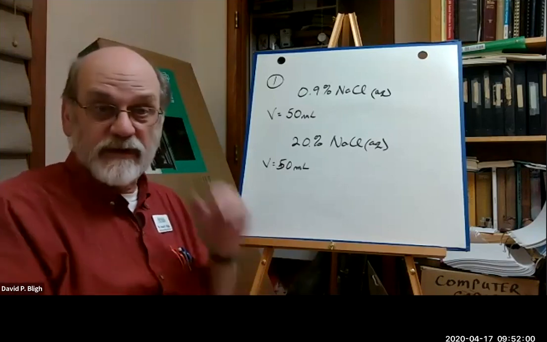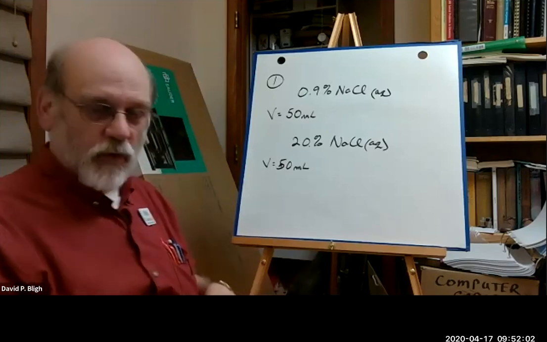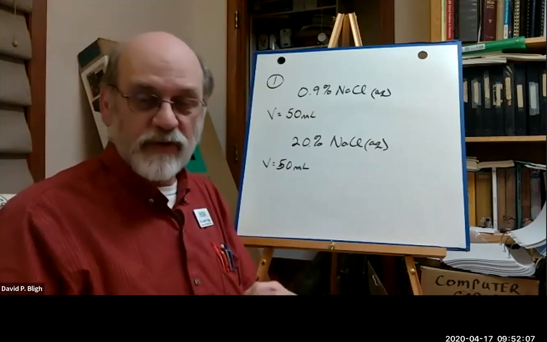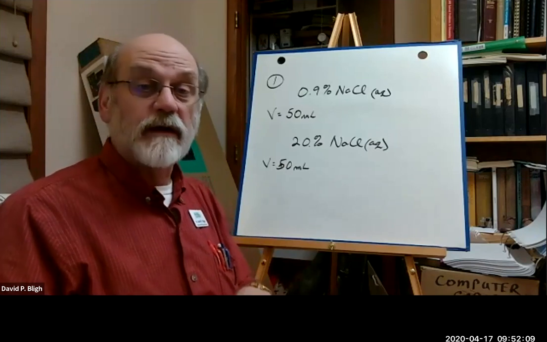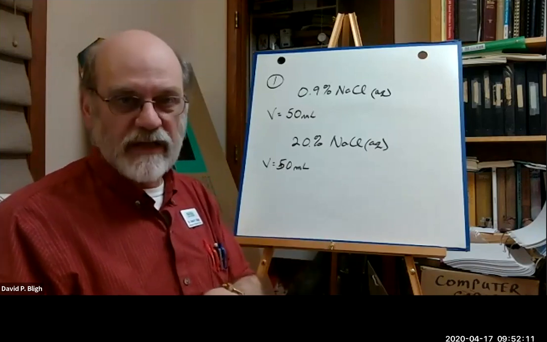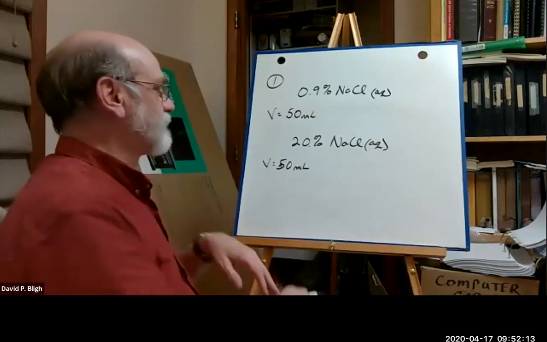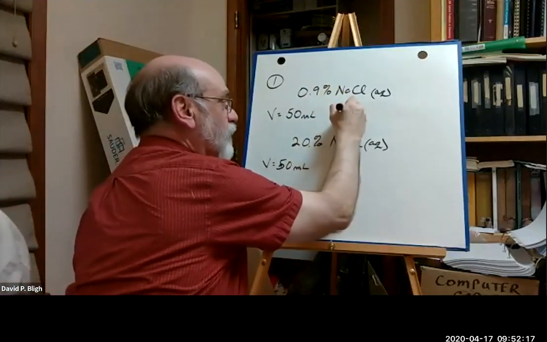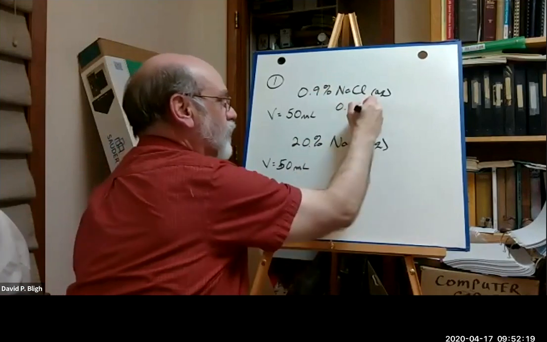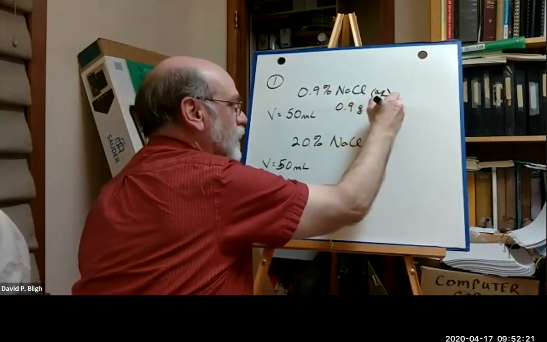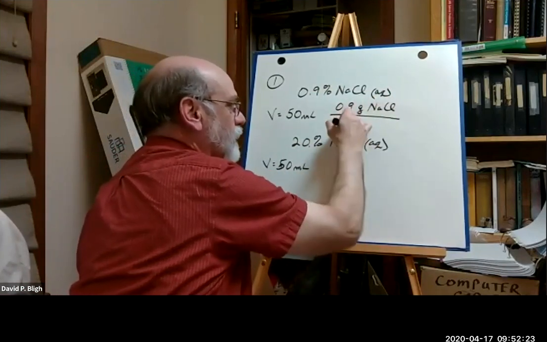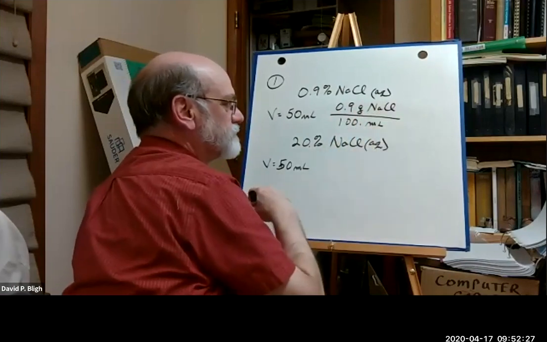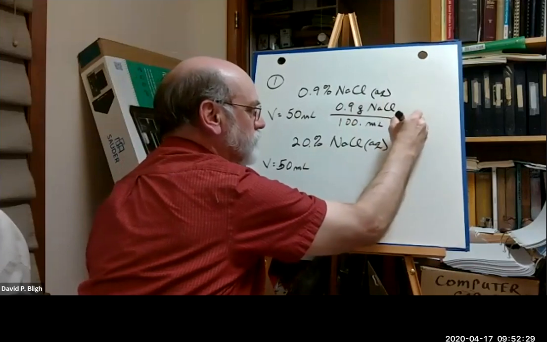Right? Those are the possibilities. Well, in this case, we're going to assume that what we're talking about in 0.9% sodium chloride is mass per volume. So we're going to say this actually means 0.9 grams of sodium chloride per 100 milliliters of solution.